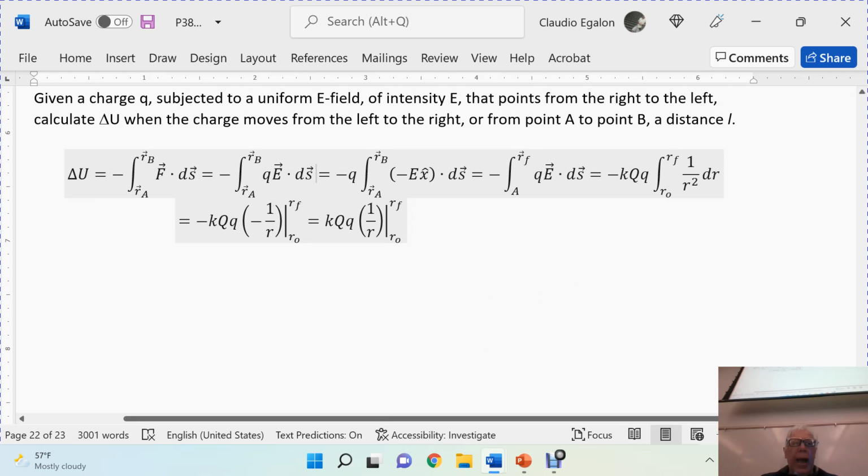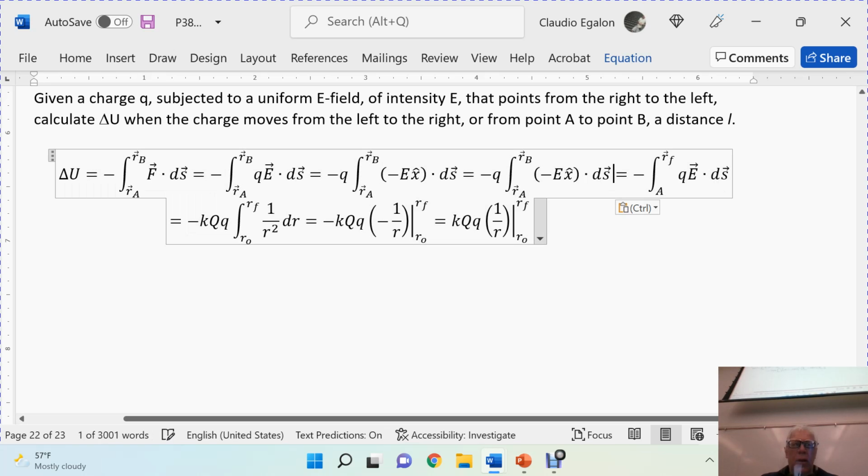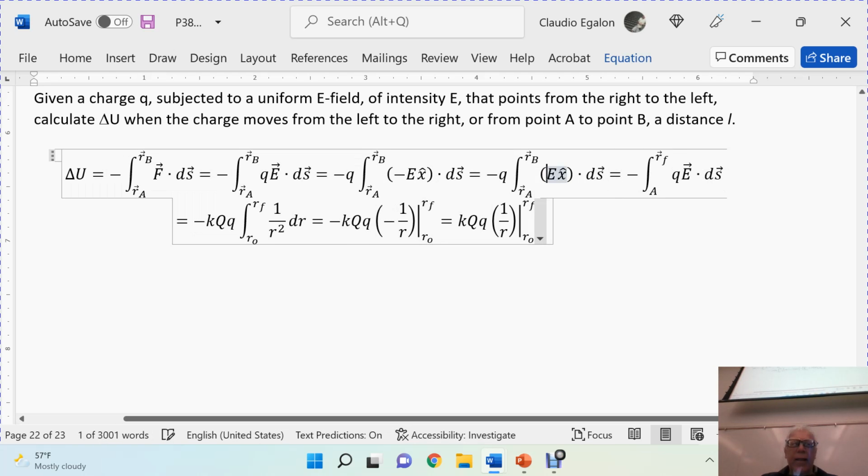We go ahead and do the dot product. But before doing the dot product, let's cancel out the negatives here.